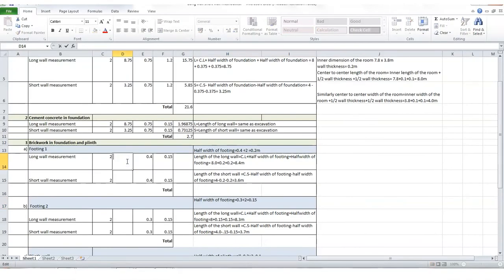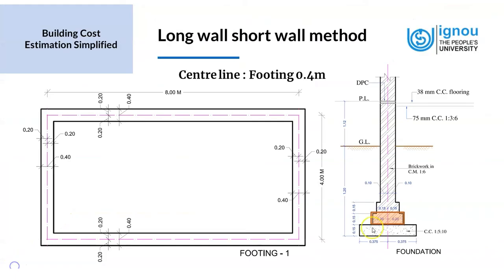So we go back and mention it as 8.4 meters, right? And now we go back to find the short wall measurement. The short wall measurement for the 0.4 meter footing is, again, taken from the center line. The center line begins here and ends here for the short wall, which is 4 meters. But since we take it as inner to inner, we subtract 0.2 meters from the top and 0.2 meters from this side.